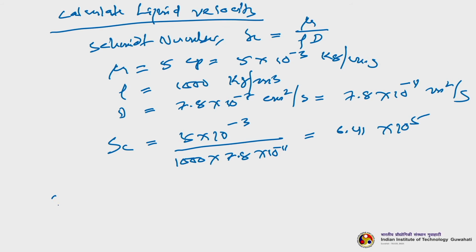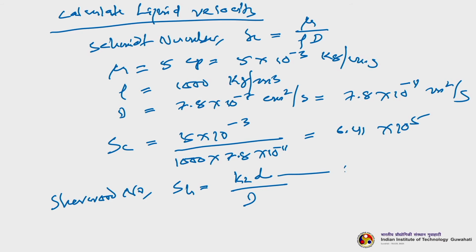Now, you know the Sherwood number, Sh, equals Kl D by D, where D is the tube diameter, which is given as 1.5 centimeter. So, we can write 0.015 meter, we are converting everything in terms of meter.